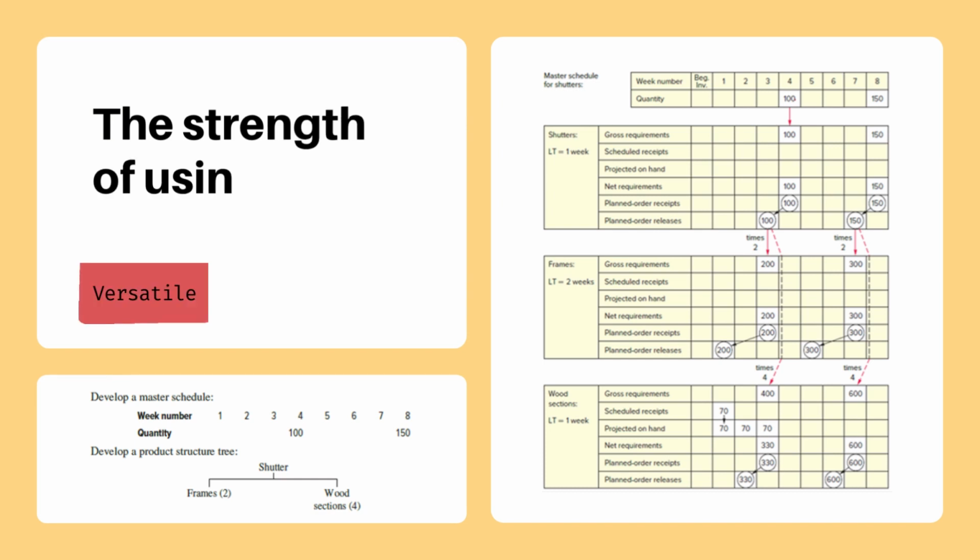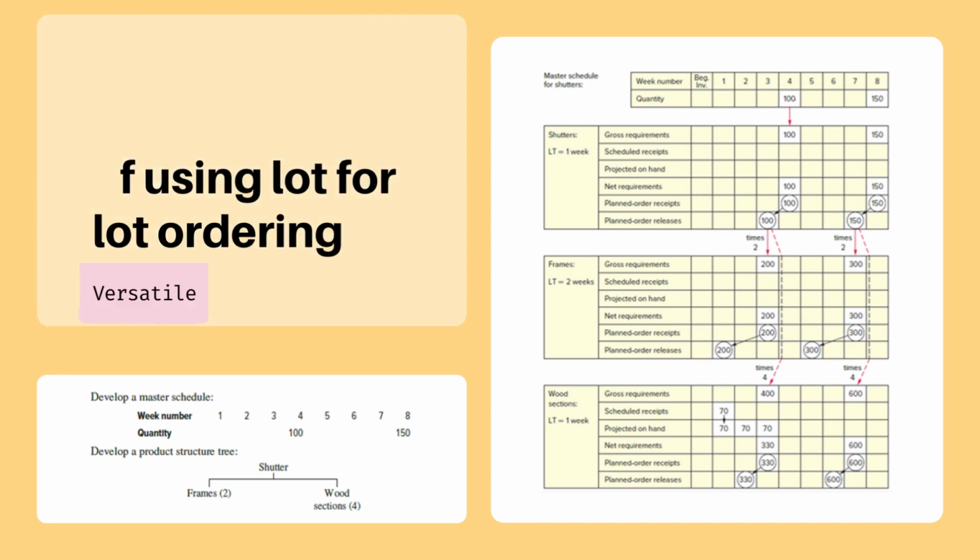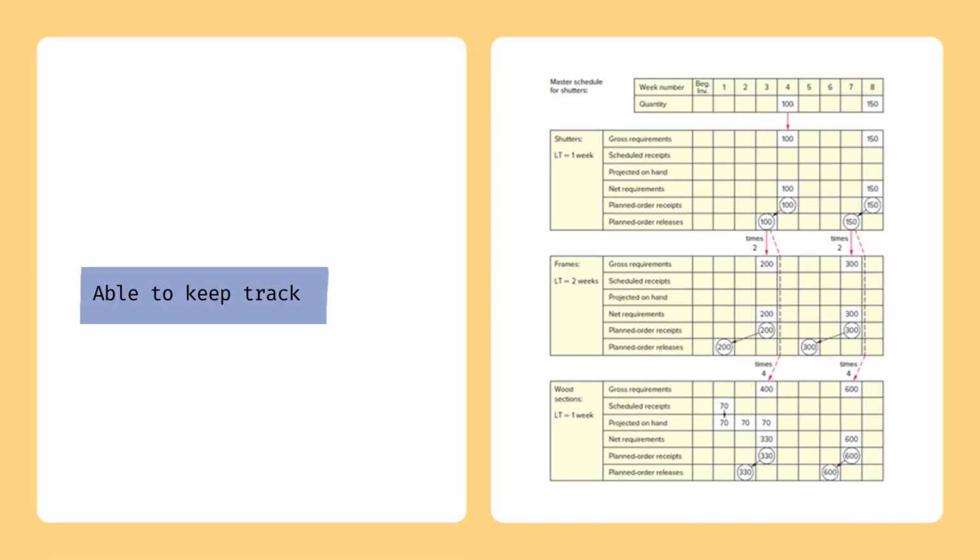First, it is very versatile. As long as the end product is one, no matter how many parts or tiny parts the product has, it will suit all. Even if it breaks into certain parts, it will suit as well, as long as the end product is one. So, like I say, it suits all kinds of products. Other than that, it is able to keep track of everything.